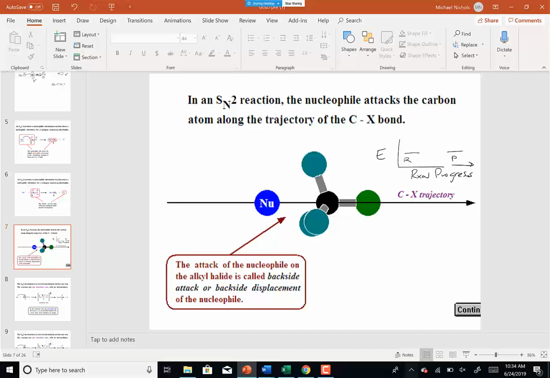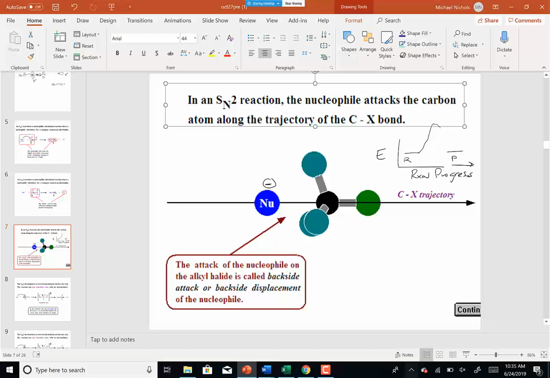But what happens? Well, as this nucleophile with its negative charge comes closer and closer to that carbon, the energy goes up until it reaches a maximum, and then it goes back down again. So in the bond making and the bond breaking process, because this is going to be our first reaction that we've done, in that making and breaking of the bond, you're going to have the energy go up to a maximum and then go back down to wherever the products are.